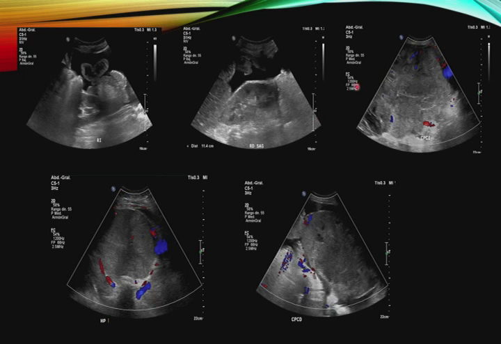Doppler color assessment shows peripheral and central flow, which is why it is recommended to perform a contrast abdominopelvic magnetic resonance assessment.